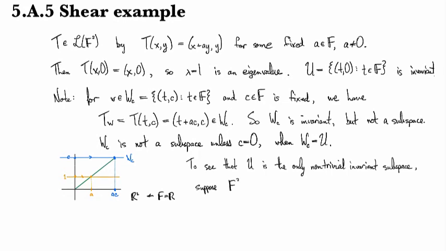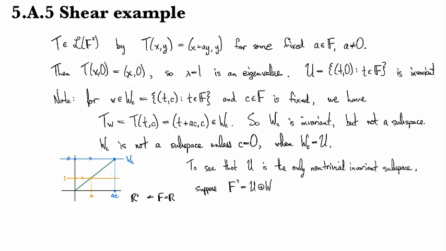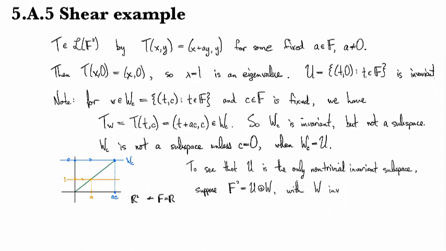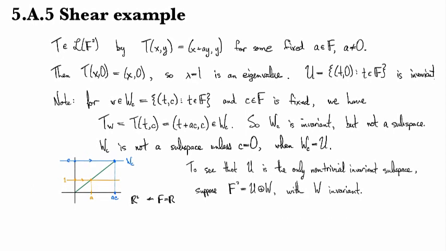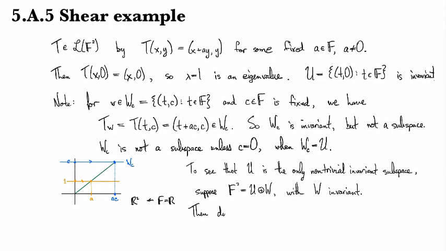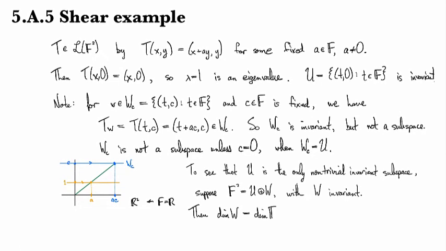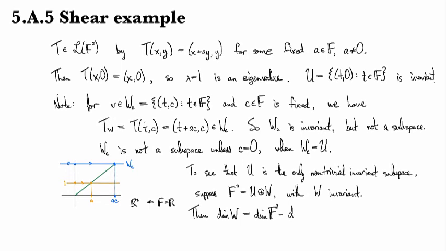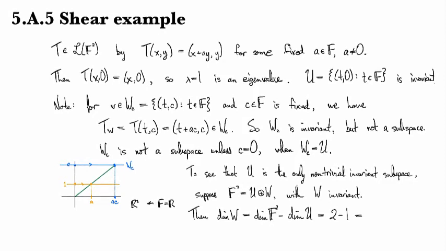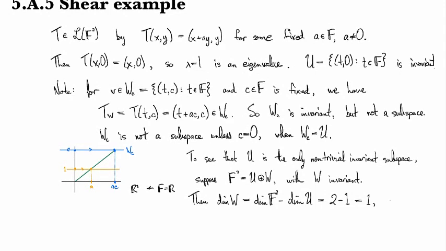Suppose that F2 were actually equal to a direct sum of U and W, where W is invariant. Okay, so then the dimension of W would have to be the dimension of F2 minus the dimension of U, which is 2 minus 1, which is 1. So we'd be on the lookout for a one-dimensional subspace.